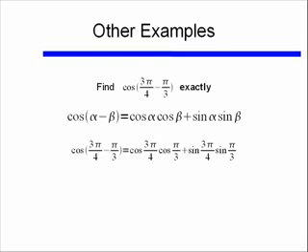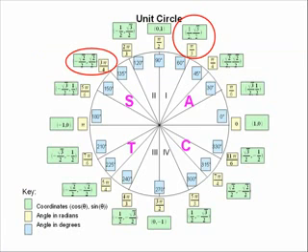So if we go to our unit circle, we remember that sine of pi over 3 is equal to square root of 3 over 2, cosine of pi over 3 is equal to 1/2, and sine of 3 pi over 4 is square root of 2 over 2, and cosine of 3 pi over 4 is negative square root of 2 over 2.